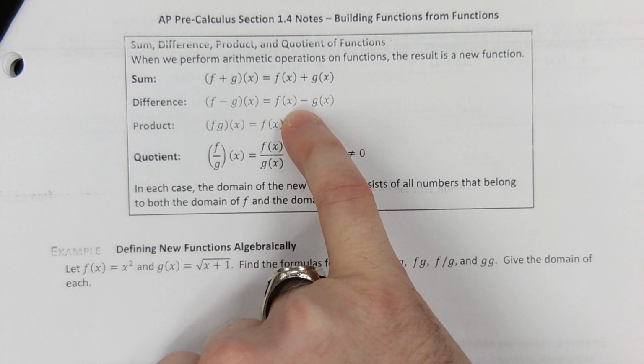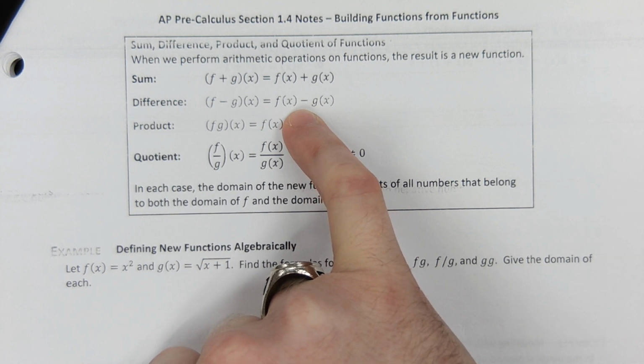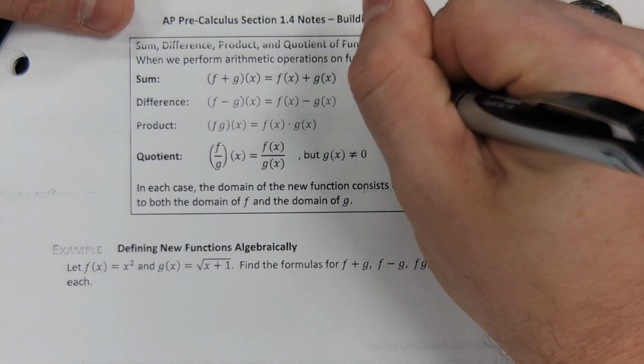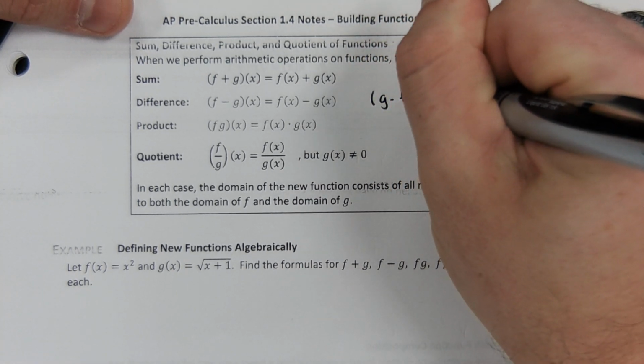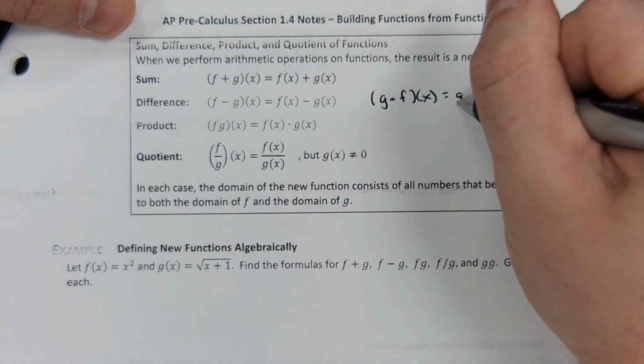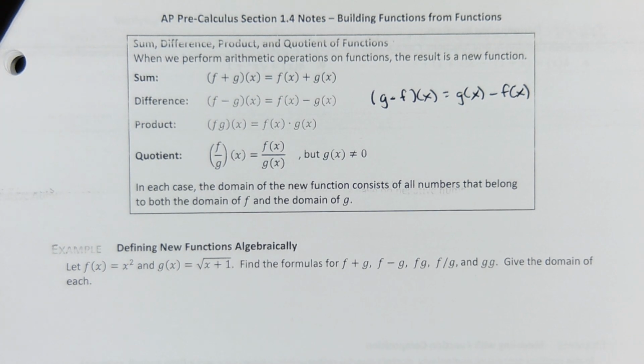You just make sure that if it's polynomial in nature, when you subtract, you distribute the -1. But something that you also have to watch out for is order. Order matters. 2 minus 5 is not 5 minus 2. Order matters. So g minus f is g of x minus f of x. Just watch out for order.